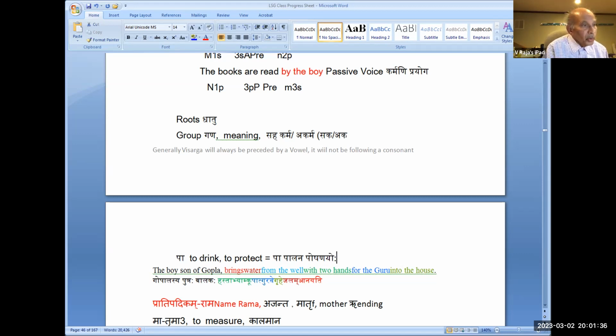And immediately you know that pa is used in palana, to protect, to rule, or to nourish. Palana is used in the second gana, and poshana is used in the first gana.